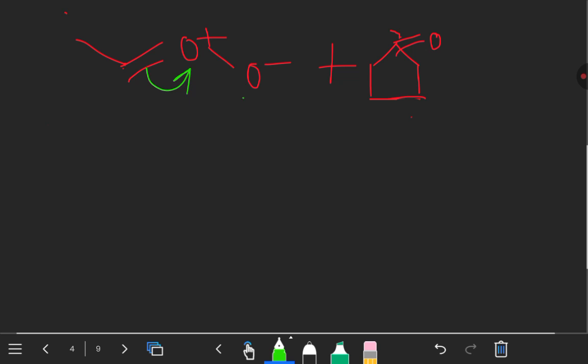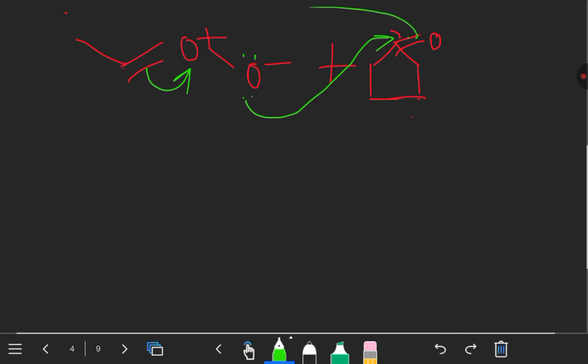Then the next thing which happens is that that oxygen which is there with a negative charge has some lone pairs. So these lone pairs are able to attack that carbon which is there. It looks like it is this bond which is breaking in order to attack the carbon which is there. But in the actual sense, it is this oxygen rather, with lone pairs, which attacks the carbocation which remains here after the bond has been broken. Okay, so that is how the reaction takes place.